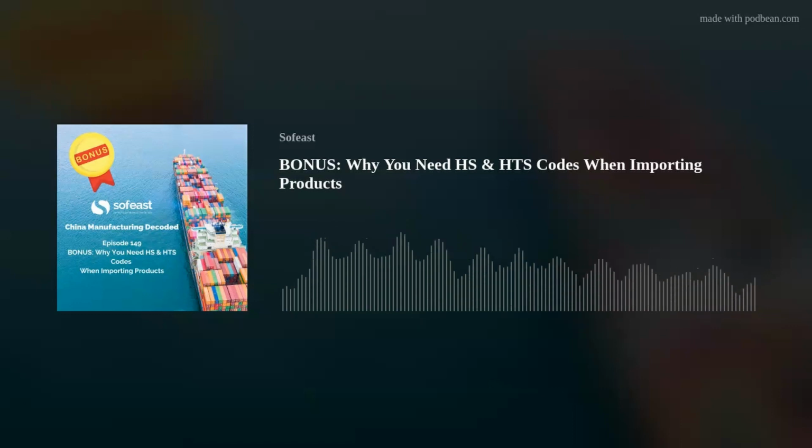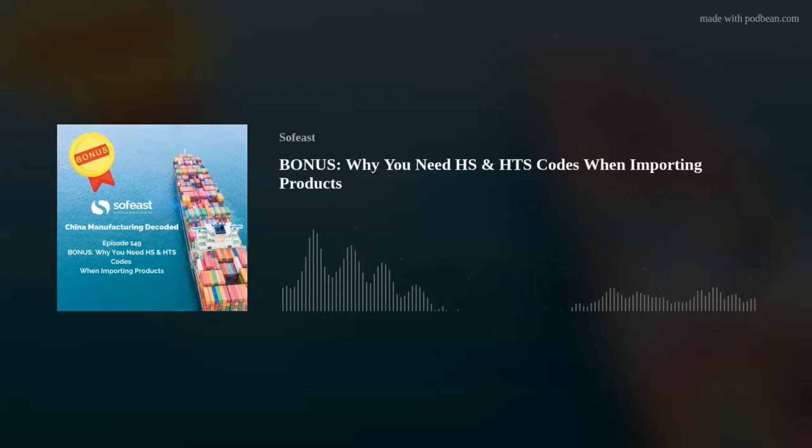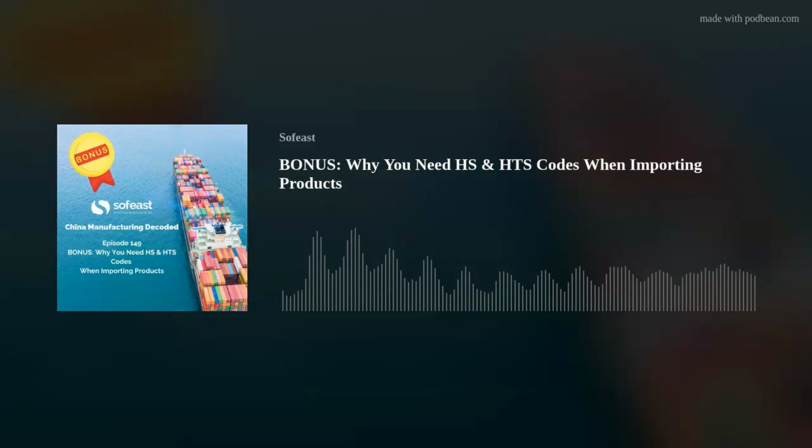To cut it short, HTS is a system used for the United States, whereas HS code you would normally use in the European Union, Europe or UK. That's the main difference. Otherwise, they are quite similar. I think they also differ in the number of digits, but that's not important.